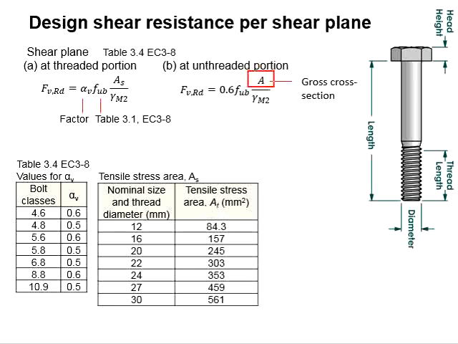The gross cross-sectional area can be easily computed based on the diameter of the bolt, and with that, we are able to determine the shear resistance of the bolt.